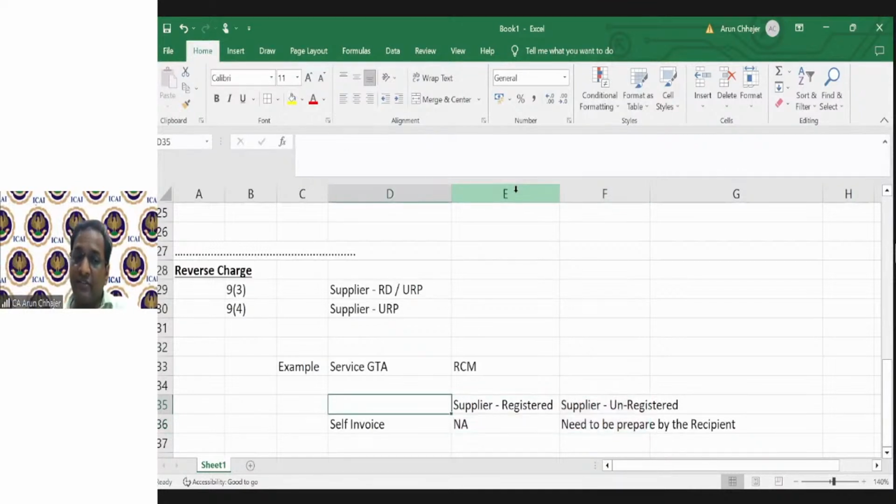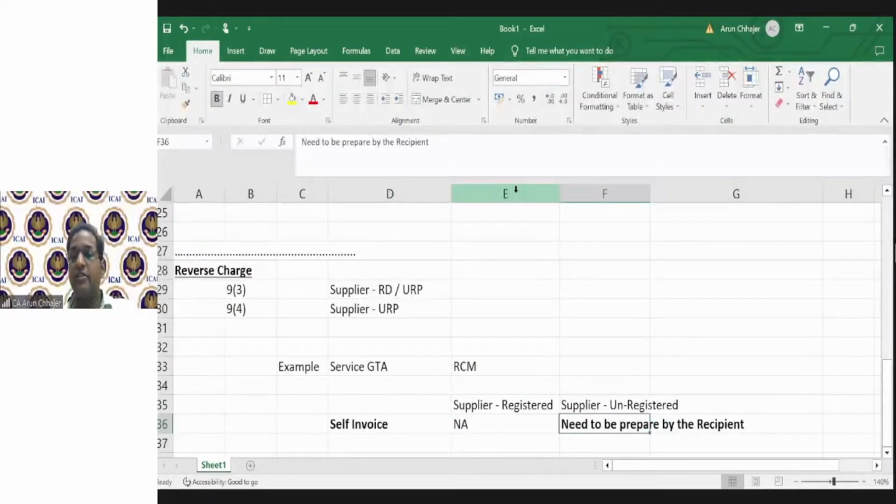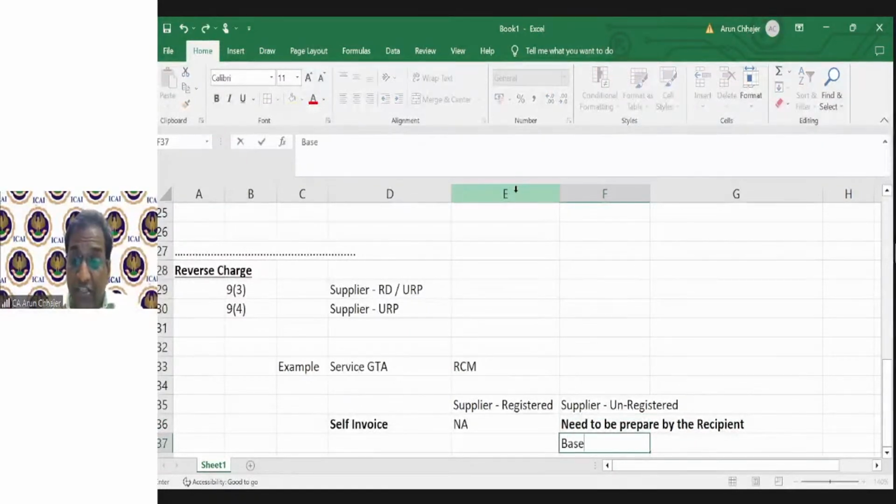So if the services are covered under RCM and the supplier is unregistered, then the recipient will prepare the self-invoice. Then, based on the self-invoice plus payment of taxes, ITC can be availed.